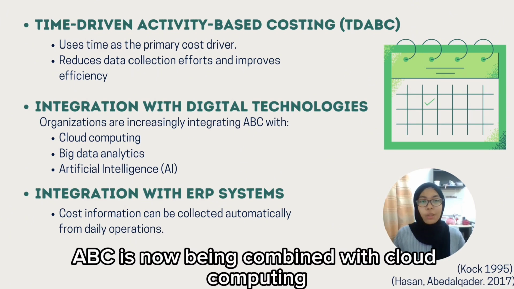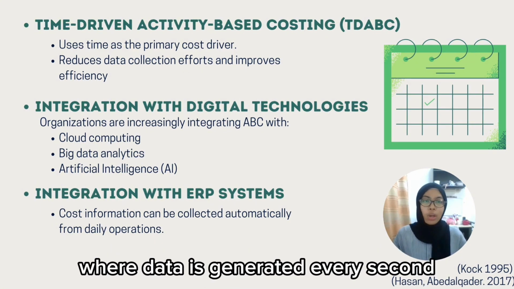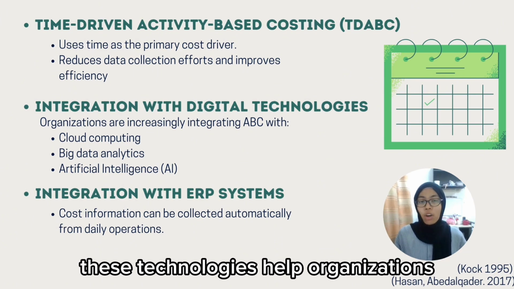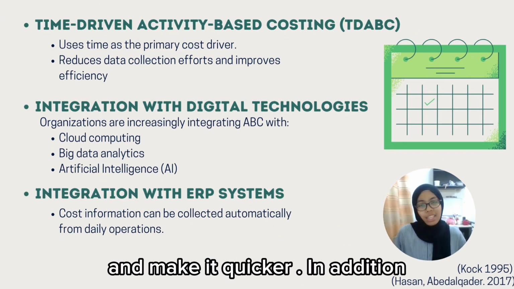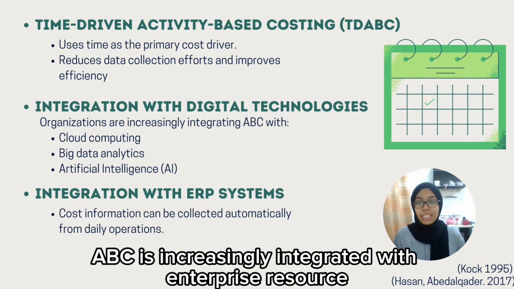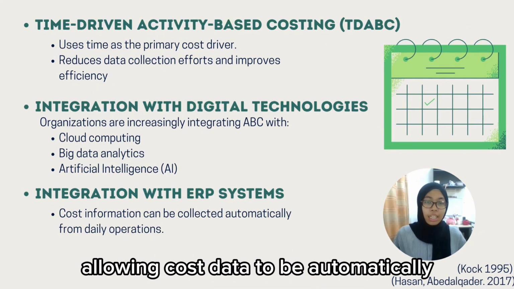ABC is now being combined with cloud computing, big data analytics, and also artificial intelligence (AI), where data is generated every second. These technologies help organizations analyze costs in real time and make it quicker. In addition, ABC is increasingly integrated with Enterprise Resource Planning or ERP systems, allowing cost data to be automatically captured from daily business activities.